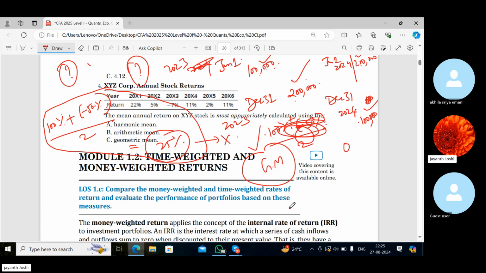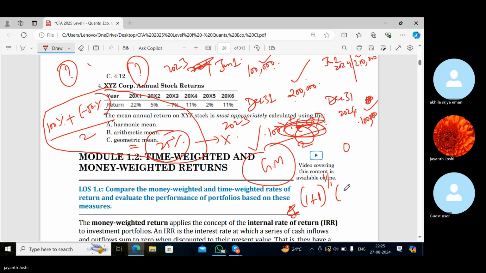So what happens, you see? 1 plus, what is the return for the first year? The return for the first year is 100%. So I'll take that 1 plus 1, whole power 1 by n. N is the first 1 year.